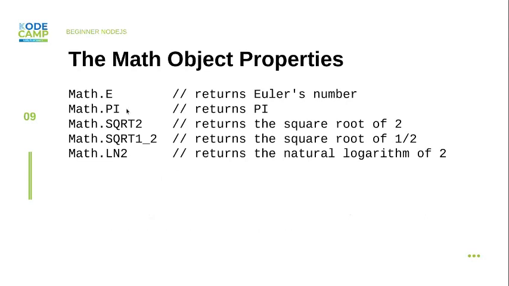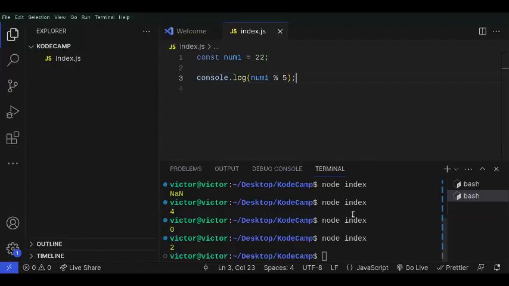So now you see you have Euler's number, which is Math.E. If you print it out, let me print it out on my VS Code. Let me share my VS Code. Let's come back here.